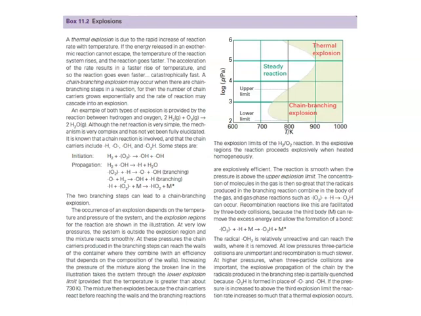An example of both types of explosion is provided by the reaction between hydrogen and oxygen, where you have two equivalents of hydrogen gas reacting with an equivalent of oxygen gas to form two equivalents of gas-state water. Although the net reaction is very simple, the mechanism is very complex and has not yet been fully elucidated.